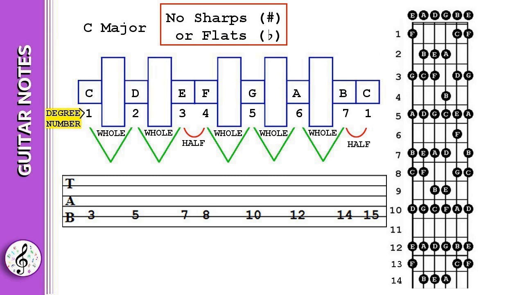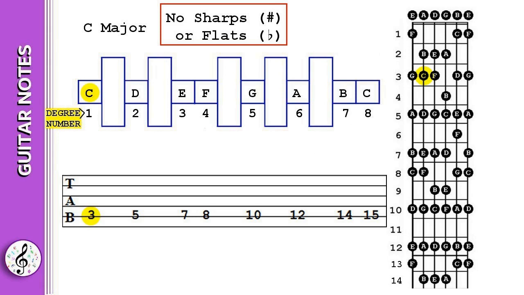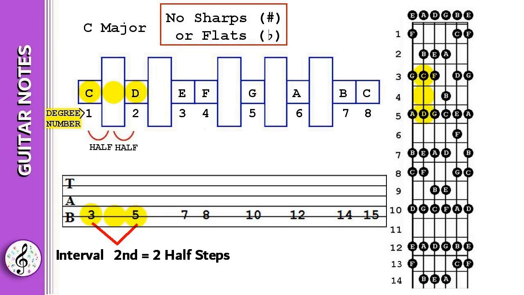So if we look at the C major scale, which has no sharps and no flats, from the first note C to the second note D, that is an interval that's called a second. It consists of 2 half steps, or 1 whole step.